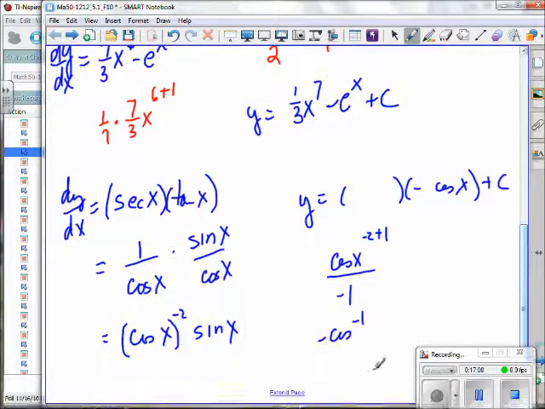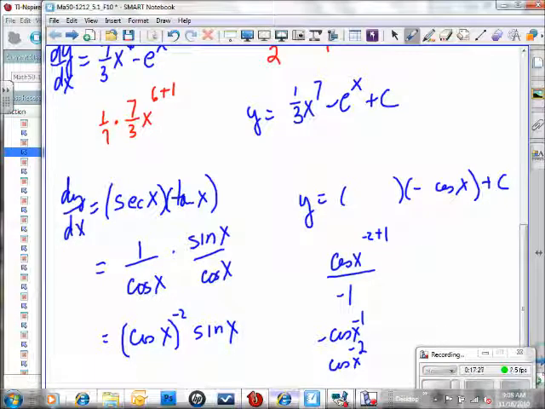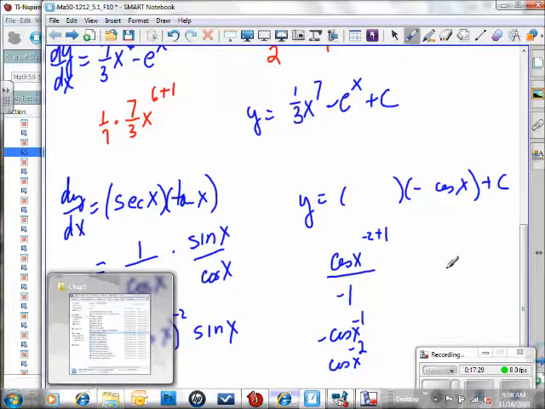If I take the derivative of this, it doesn't quite make it, does it? Because if I take the derivative of this, I would get cosine x to the negative 2. I guess that's what I need, isn't it?